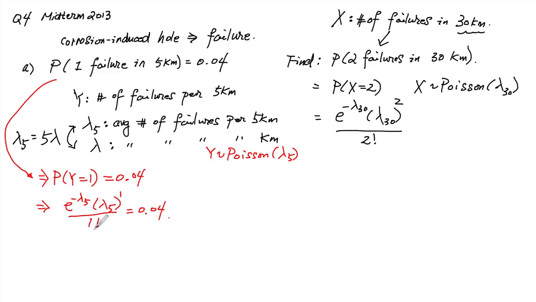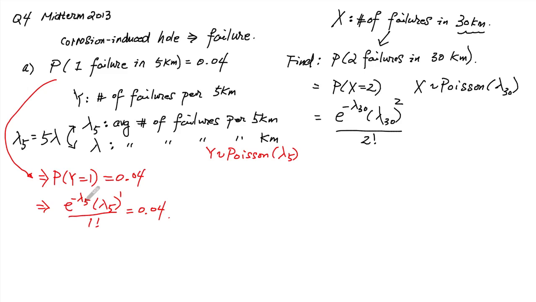Nonetheless, using Newton's method, you can solve it using some kind of iterative formula, and I've done that. Now, for the purpose of this course, I doubt that you guys need to know Newton's method and solve for lambda like this, but nonetheless, I've done it.